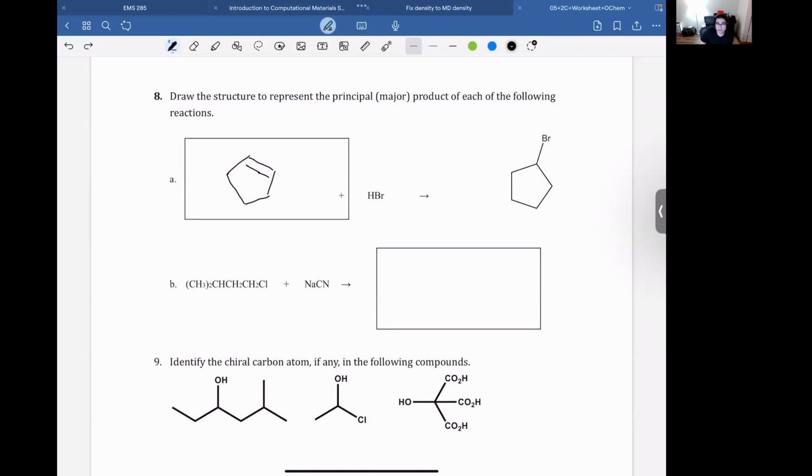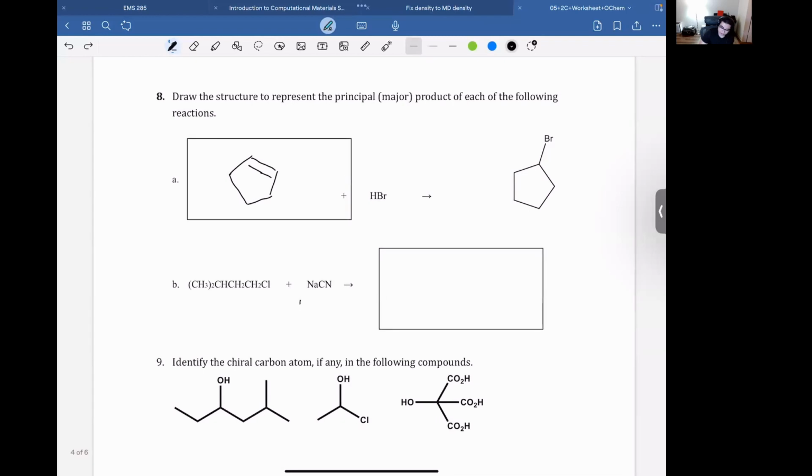You do have to know, however, that this CN group is what we call a strong nucleophile. A nucleophile is something that typically has a negative charge. This NaCN, if you were to write it out in solution, you can write as Na plus CN minus. Why is the CN doing this reaction?